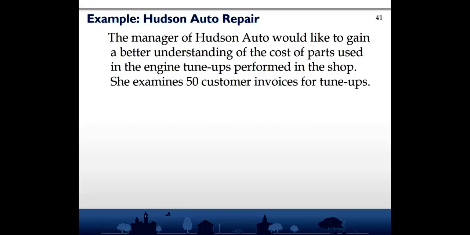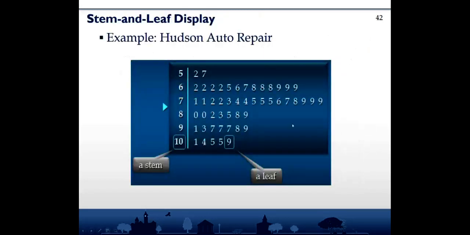Now how do we obtain the stem and leaf for this example? So you have stems 5, 6, 7. Here now we see each data value. So we have 52, 57, 62, 62, 62, 62, in rank order.